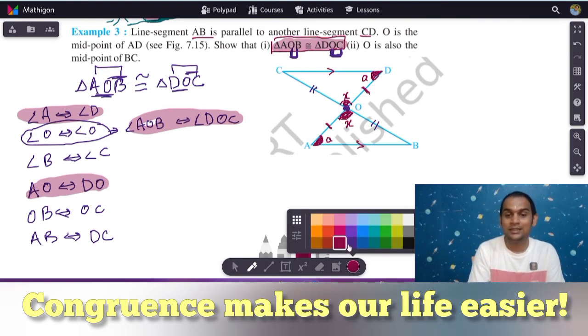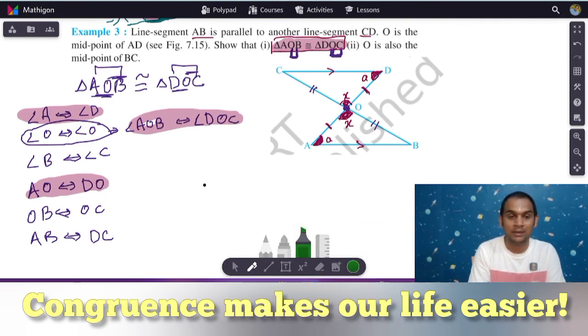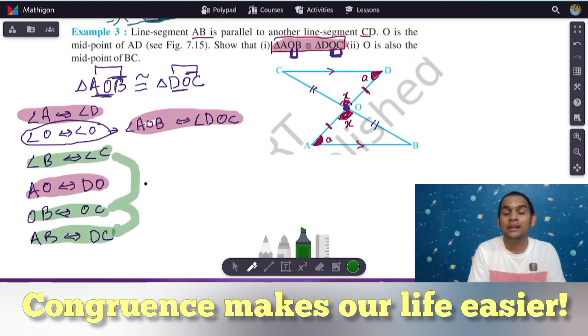The other three, which I'll shade in green: angle B corresponding to angle C, OB corresponding to OC, and AB corresponding to DC. These three become automatically equal because of the CPCT rule, corresponding parts of congruent triangles.